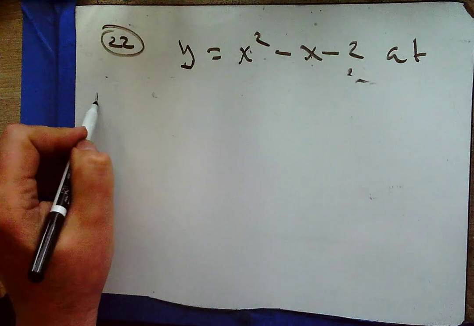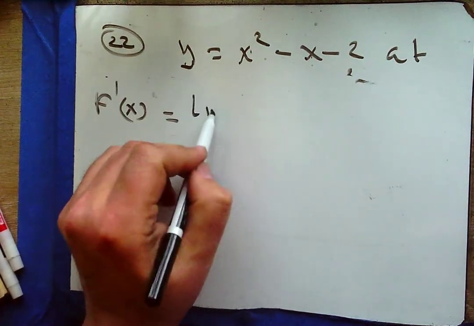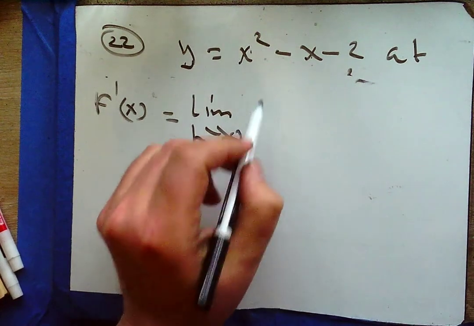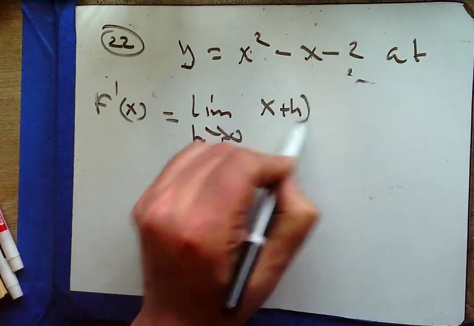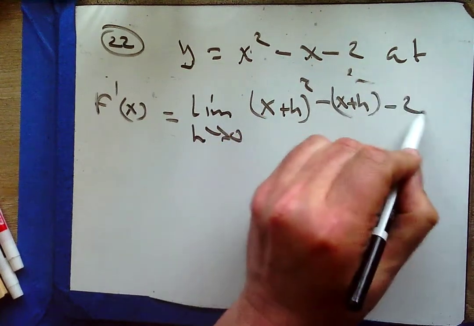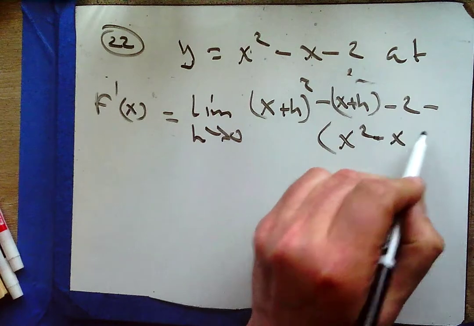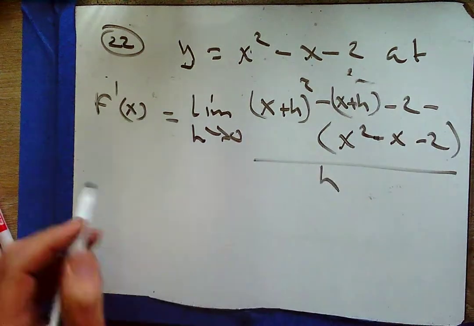Okay, so I'm definitely going to go back and use a different limit definition of the derivative. So f prime of x is going to be the limit as h heads to 0 of x plus h squared minus x plus h minus 2 minus all of f of x over h.